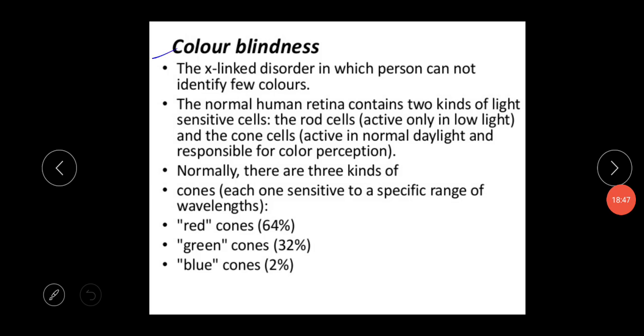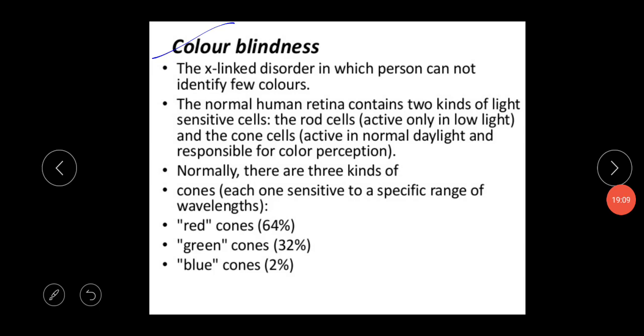Okay, next disease is color blindness. This is an X-linked disorder, one of the most important X-linked disorders, like hemophilia, where it results in a defect in either the red or green cone of the eye.